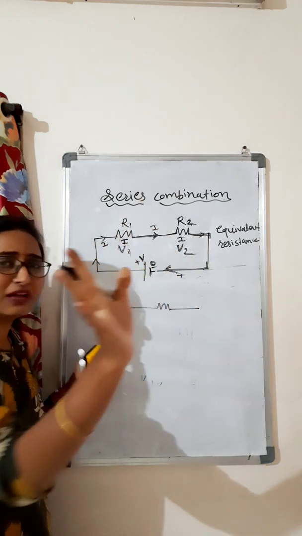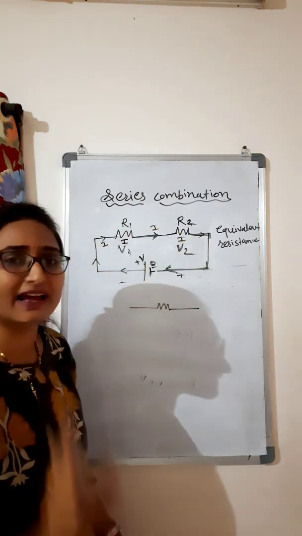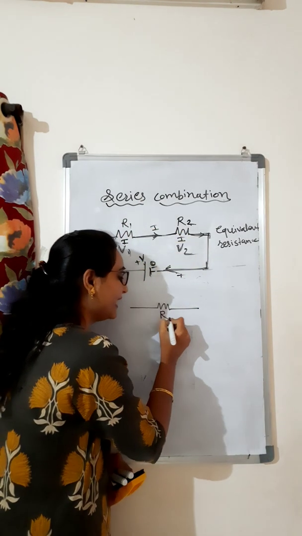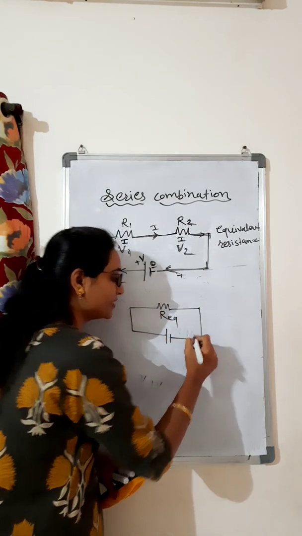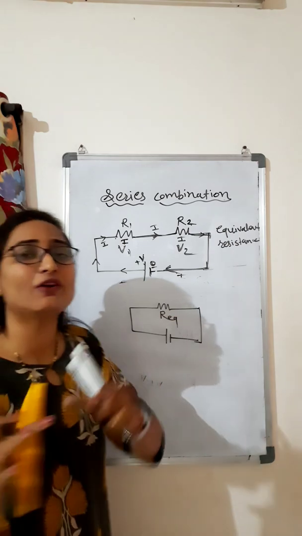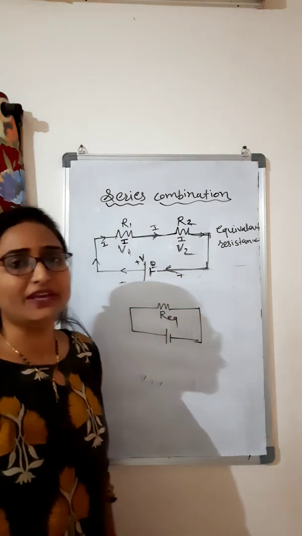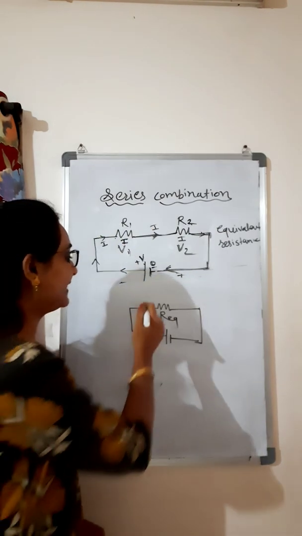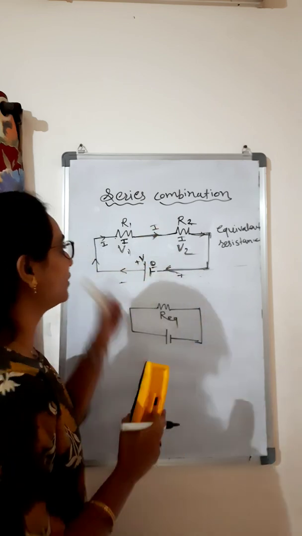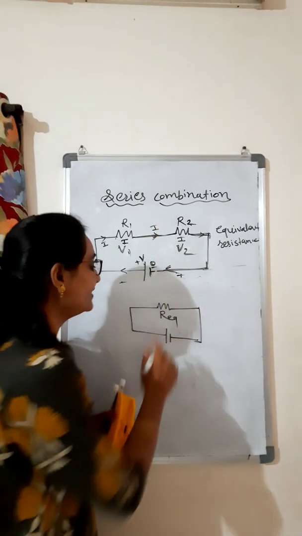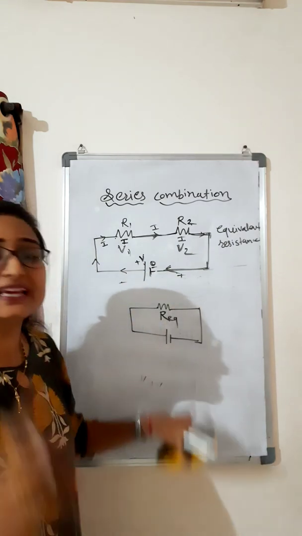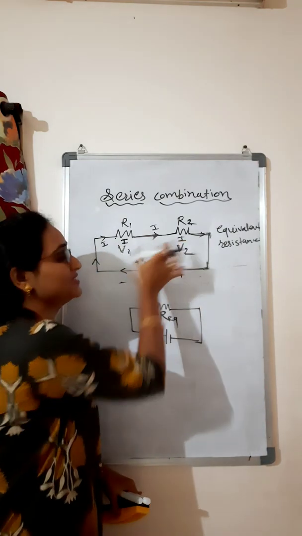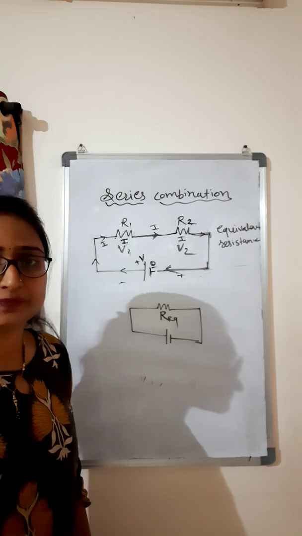It will say, I can't see that two resistances are there, I see only one resistance, and that is R equivalent. It only knows that it has to give the V potential difference, and it sees only one resistance, not two. So this one resistance which the cell can see is R equivalent, which is equal to these two resistances.